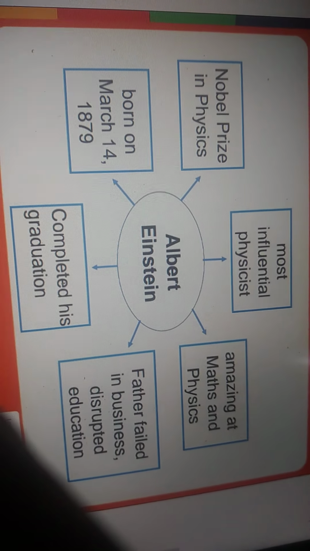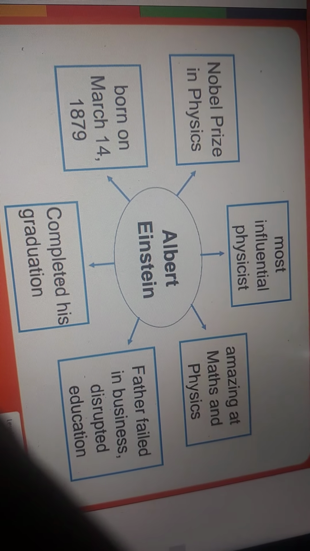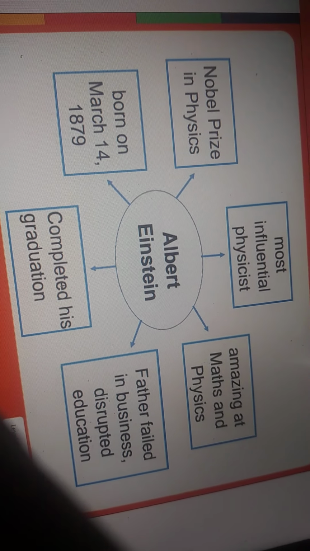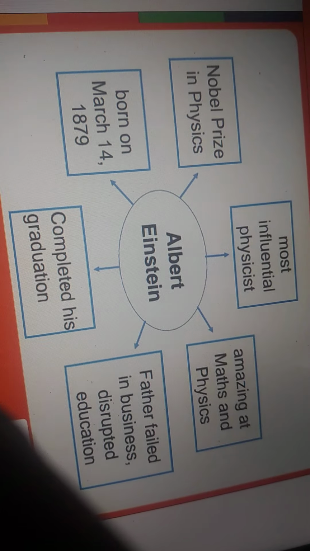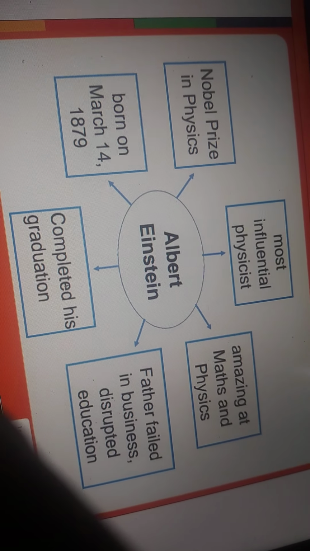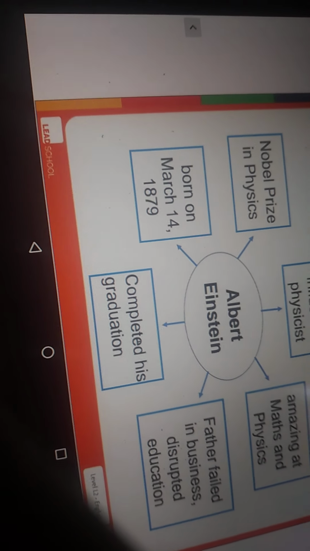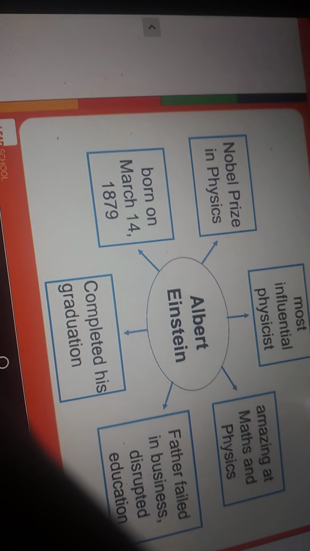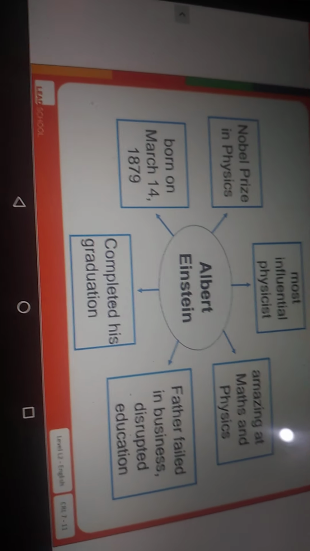So this is the final thing, how we want to write it, children. See at the top of the picture, most influential physicist, and the next one, amazing at maths and physics, father failed in business, disrupted education. But however, he completed his education. He was born on March 14, 1879 and he got the Nobel Prize in Physics. So this is how we want to draw a mind map.